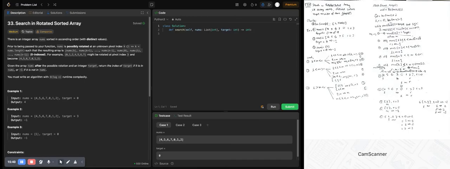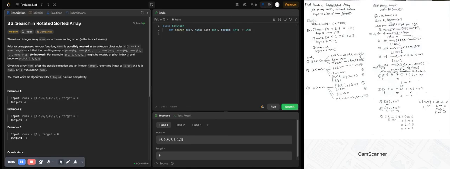right hand side. Now the third one, we could have left is greater than mid, and then the mid is less than right.